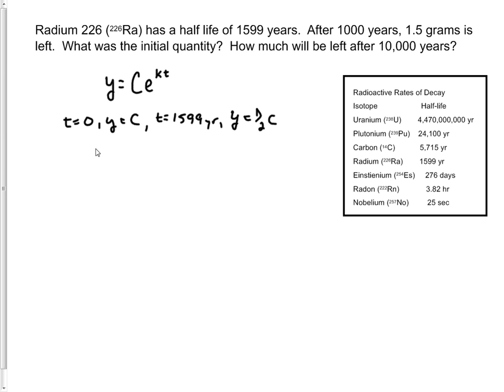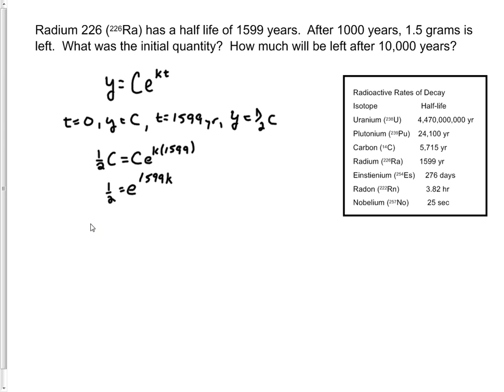Our constant k. I'll show you how, because if 1/2 times c is equal to c times e to the k times 1,599, we notice that the capital C, that constant, is just going to drop out, so that we're left with 1/2 equals e to the 1,599 times k.